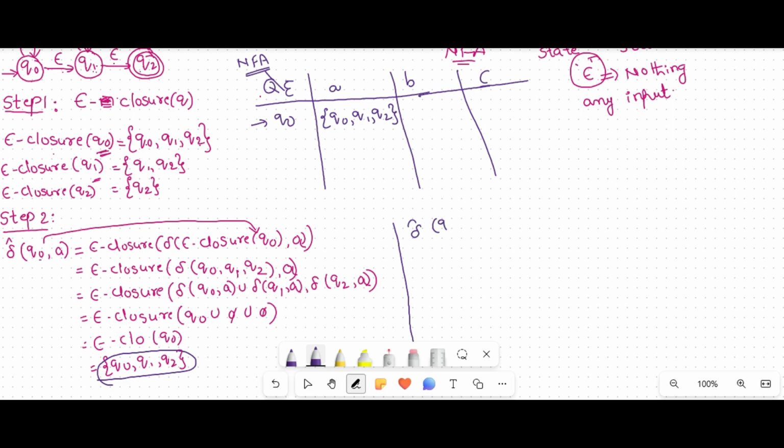Delta cap of Q naught with B is nothing but epsilon closure of delta of epsilon closure of Q naught with B. All these things are the same, right?